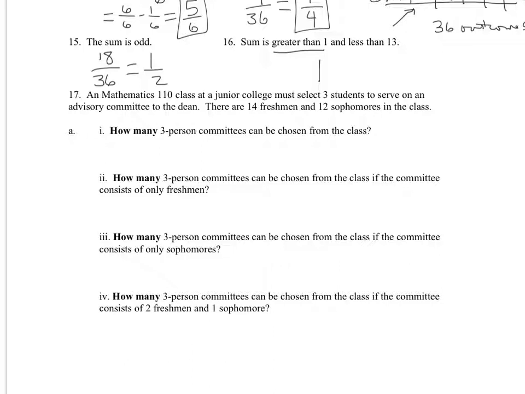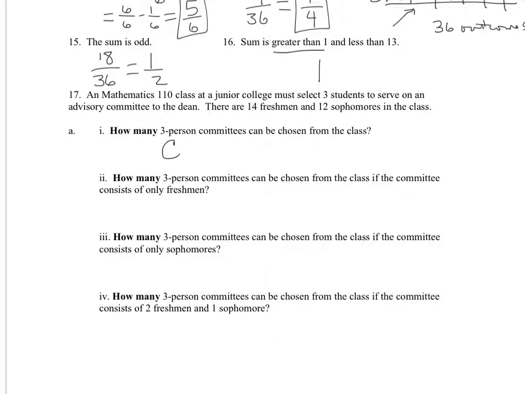If you're putting together a committee and it has Fred and Sam and Mary on it, does it matter the order I put their names down on the paper if all I'm doing is listing who's on the committee? Honestly, no. It's just those 3 people form the committee. No, it doesn't matter what order their names are in. That means this is a combination.